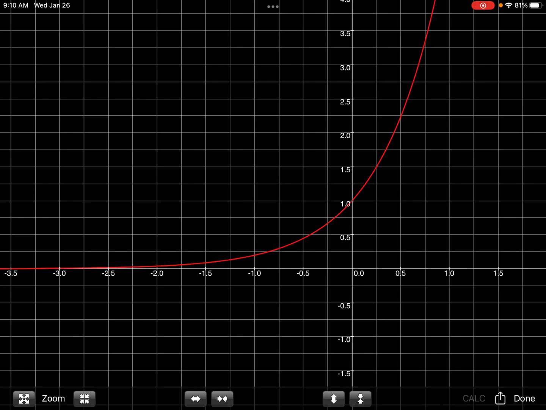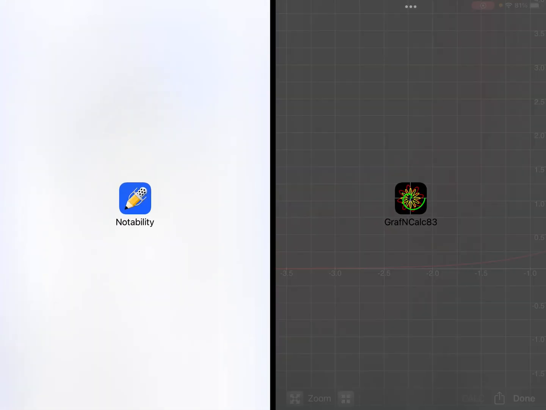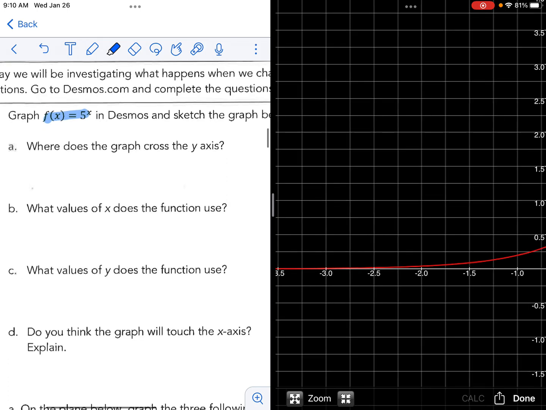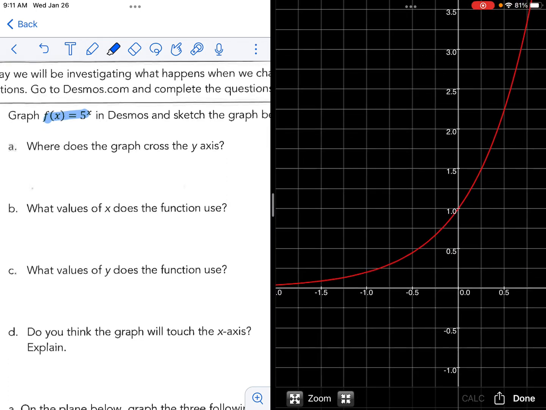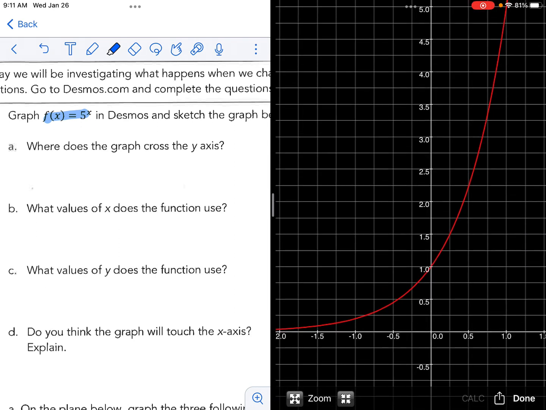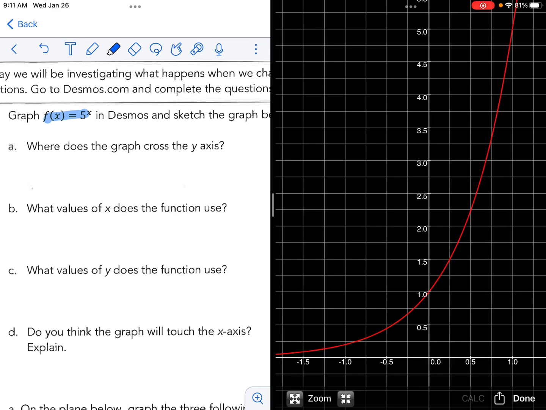So if we notice, maybe we can split the screen here, get back to our notes. If you notice about these questions here, so here is y equals 5 to the x. There we go. And it crosses the y-axis at 0, 1.